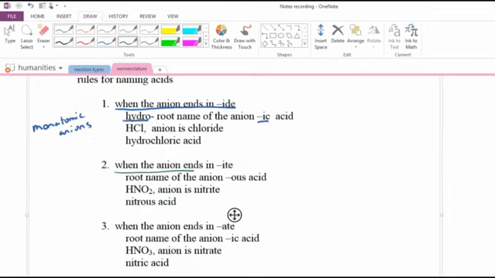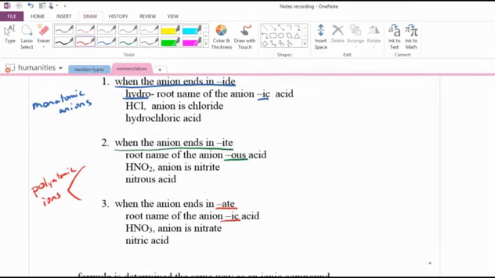If your anion ended in ITE, you change the ending to OUS and add acid. If your anion ended in ATE, you change the ending to IC and add the word acid. In both of these, you'll recognize those endings as being ones from polyatomic ions.